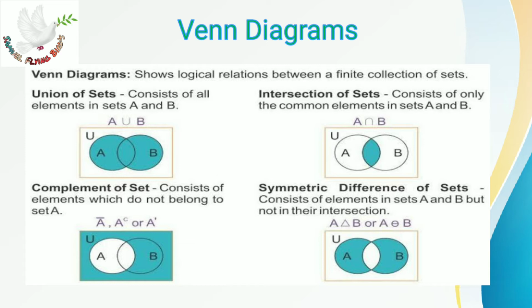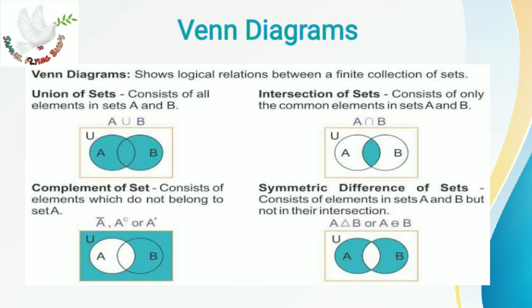Coming to the first one, the union of sets consists of all elements of set A and set B. We know that union is related to the elements of both the sets. Coming to the next one, the intersection of sets consists only of the common elements of set A and set B. We know that intersection means the common terms of both sets.